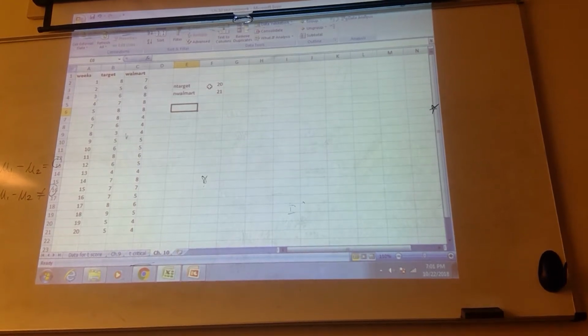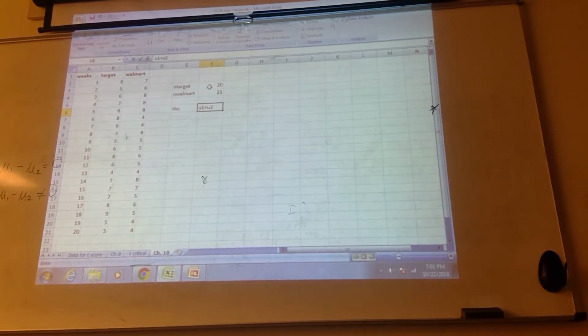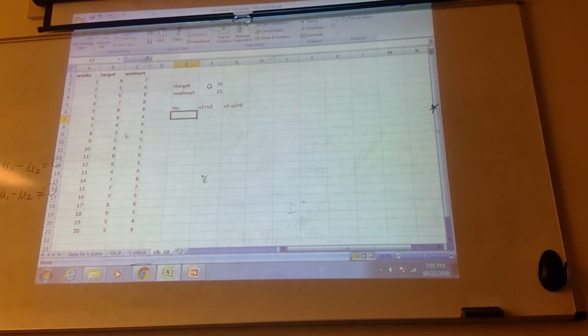And then the H naught is equal to U1 is equal to U2. You can do that, or you can do this, right? So they both mean the same thing: U1 minus U2 is equal to 0. Either one is correct.